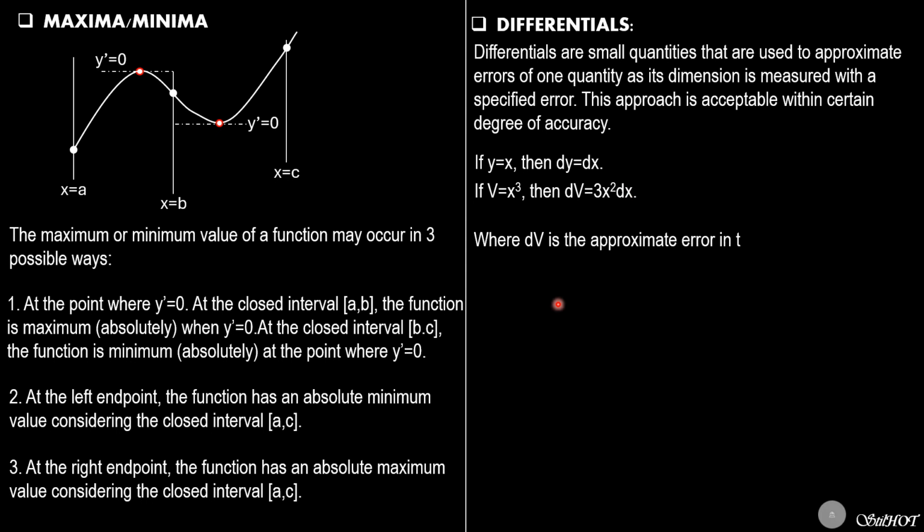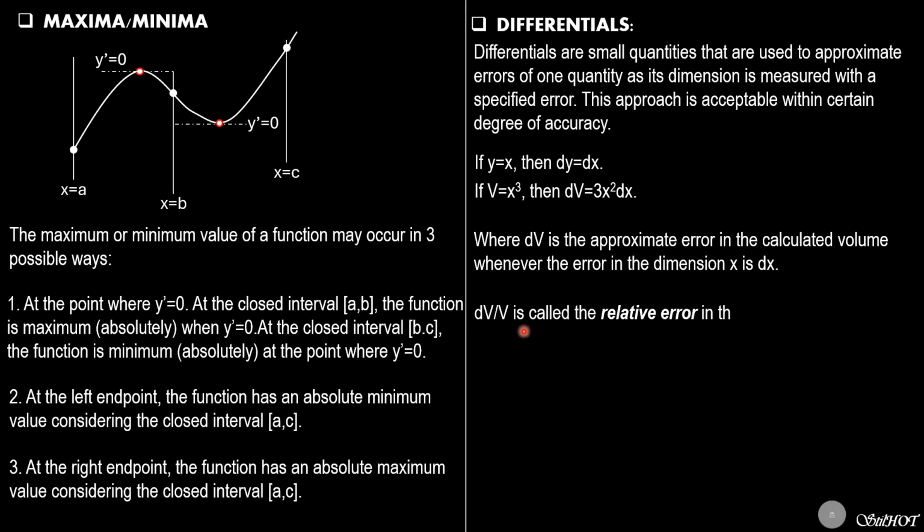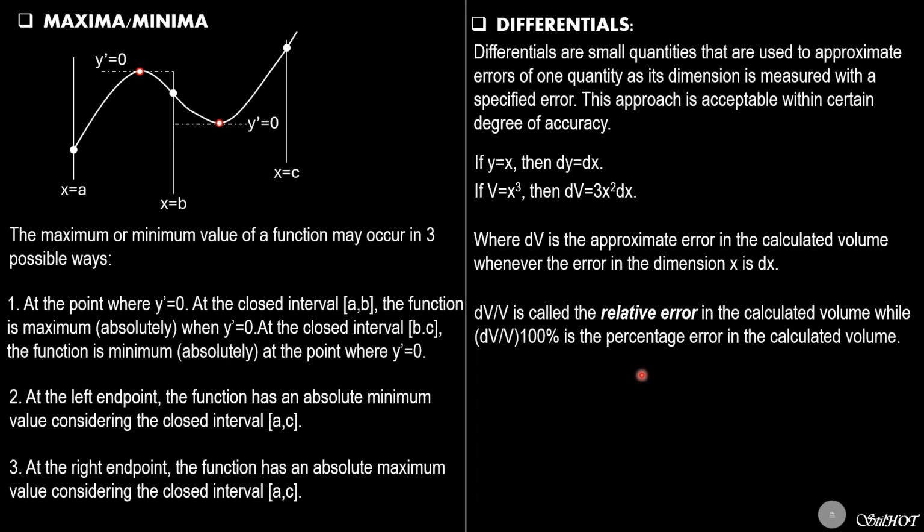So where dv is the approximate error in the calculated volume whenever the error in the dimension x is differential x. So dv over v is called the relative error in the calculated volume. If we multiply this by 100%, it becomes the percentage error in the calculated volume.